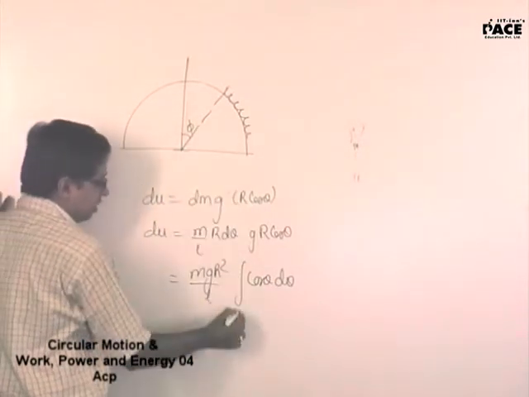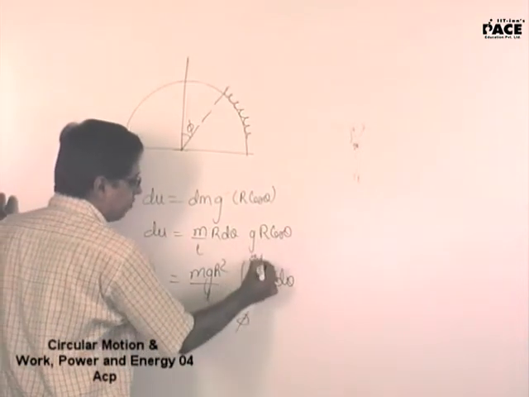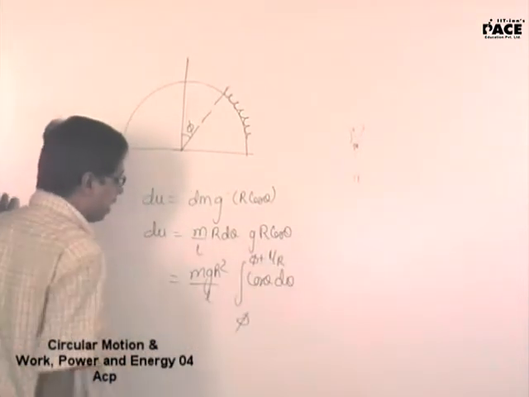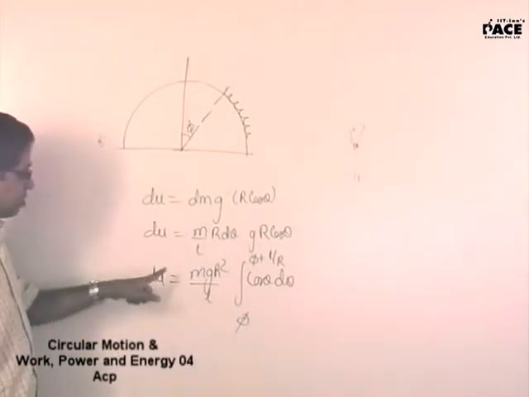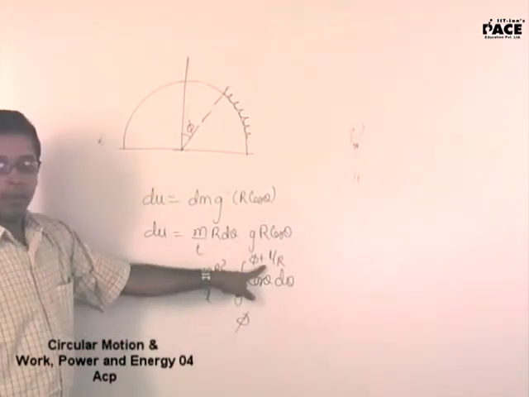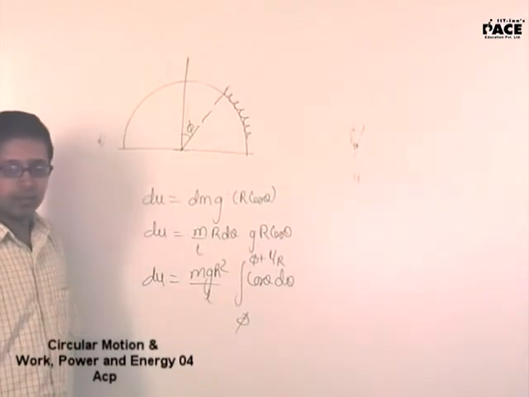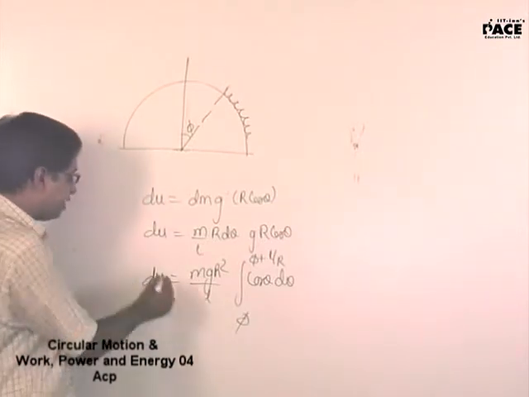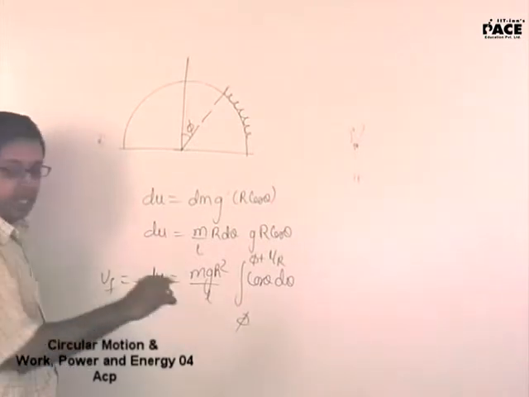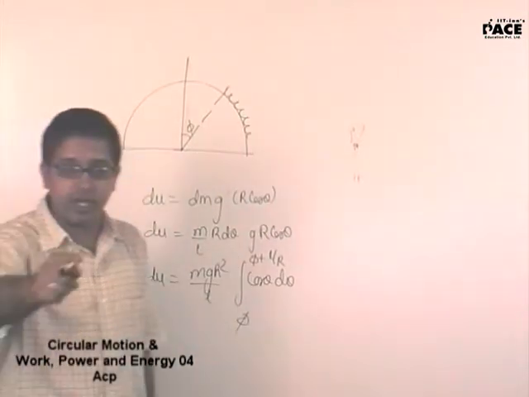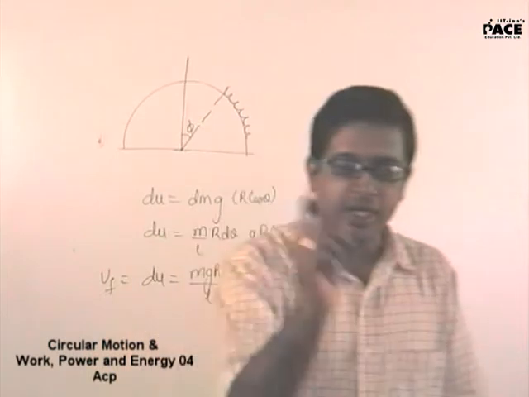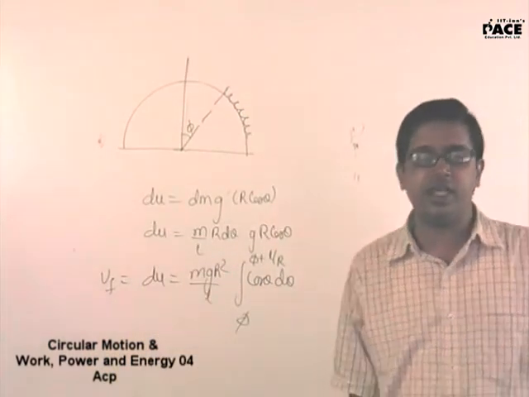Least value of theta is phi. Maximum value of theta is phi plus L by R. This will be the final potential energy. Initial potential energy you already calculated in the previous problem. The difference will be the gain in kinetic energy.